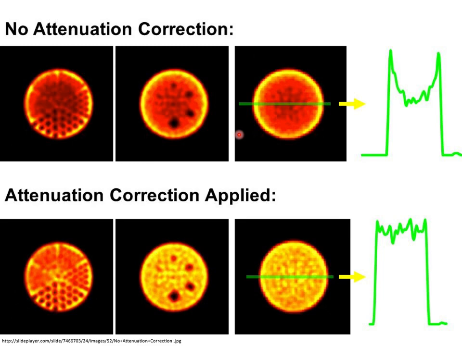So there's a probability that some of that radiation gets absorbed by the patient, right? And so if you don't correct for that, your images look something like this. For a uniform object, you'd get this sort of depression in the middle. And then when you apply a model correction for that, you can normalize that signal such that a uniformly radiating object looks uniform.